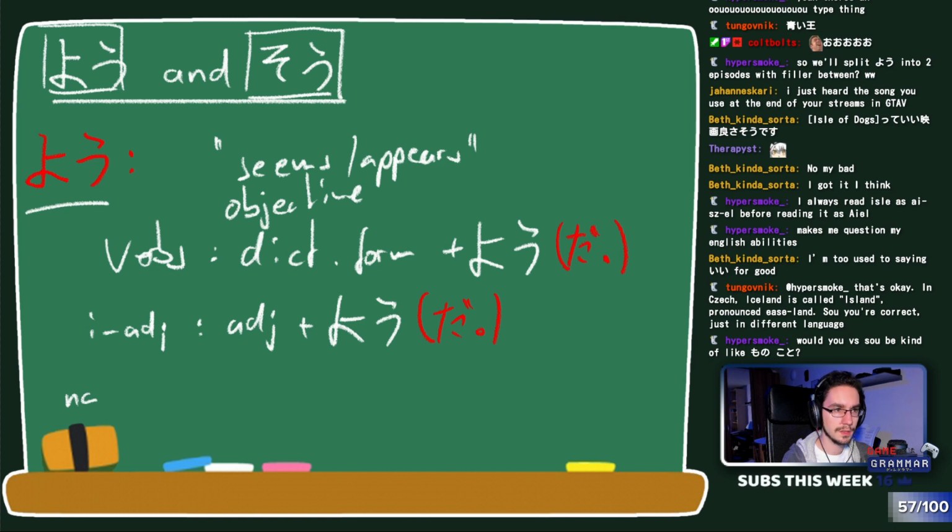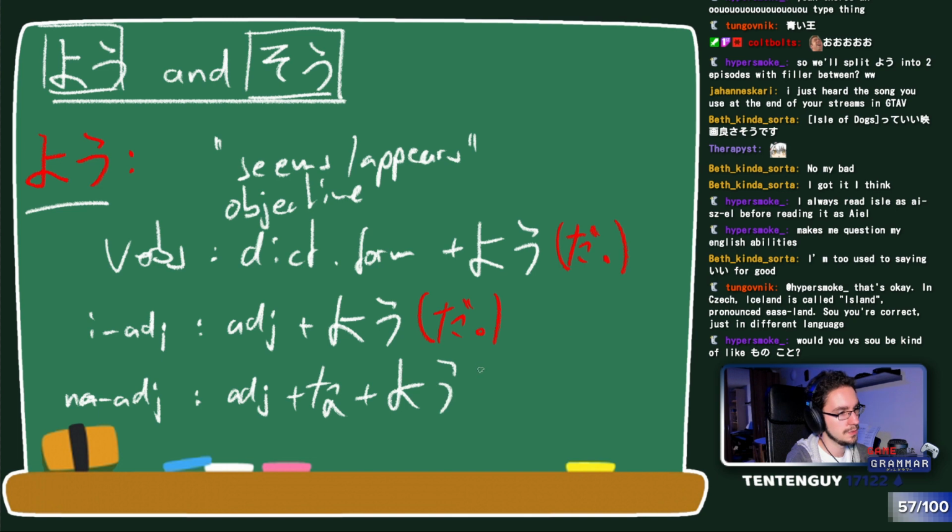Am I blind? Yo. I'm pretty sure that you would say na. I could have sworn that I just read this. Oh yeah, there. Use na. There. I knew I read it. That's why I was looking for confirmation, because I swear I read the sentence. For na adjectives, you just add the na part and then you add yo. So you add adjective plus na plus yo. Okay. That's what you do.